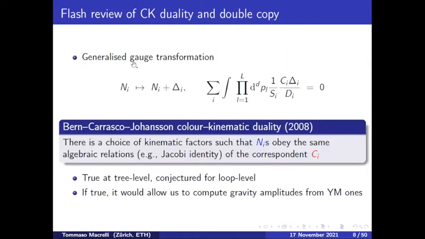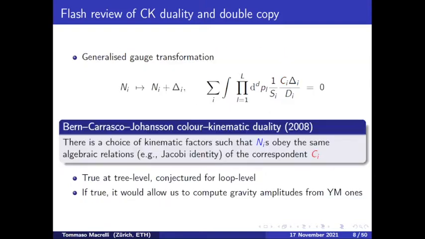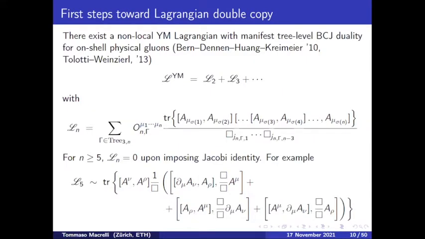We are doing something like a generalized gauge transformation. And we are not changing anything in the total amplitude. We are just arranging the various partial contributions that sum up to the total amplitude in a way that they are Colour-kinematic dual. And there is an algorithmic way to produce this Tolotti and Weinzel action.